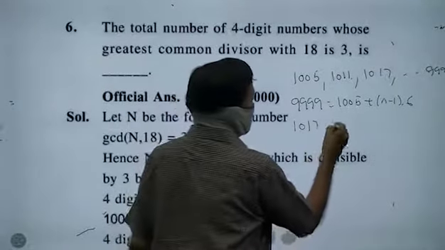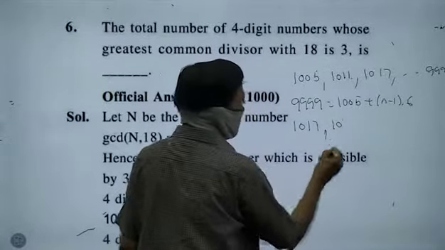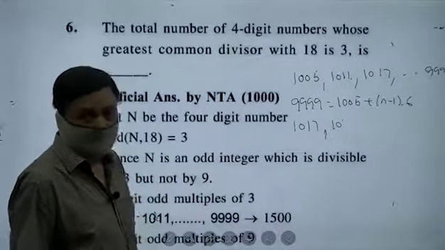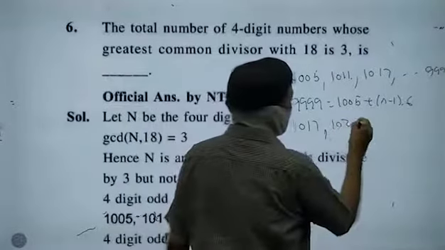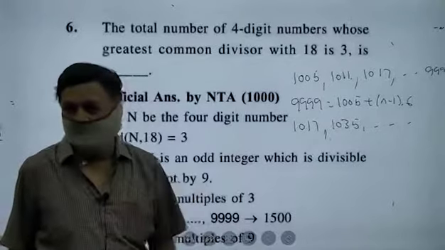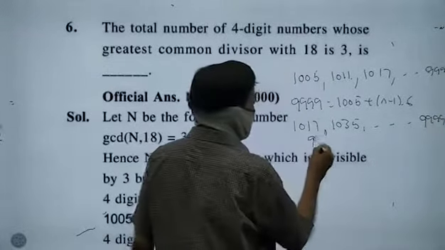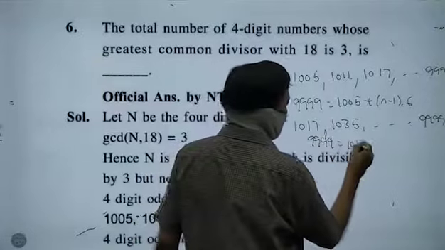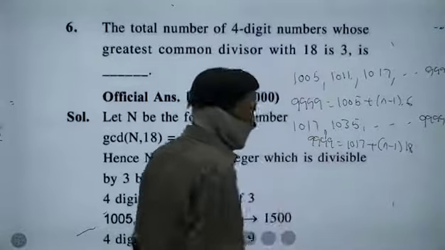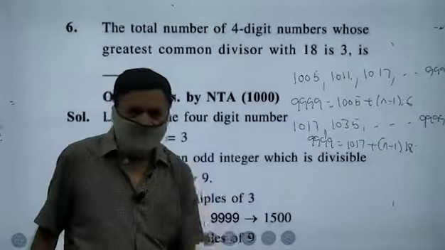Next, 1035. All odd numbers divisible by 9 you calculate. Then we will have 9999. So 9999 is equal to 1017 plus n minus 1 into 18. Here you will get the n value. Subtract. You will get your answer.